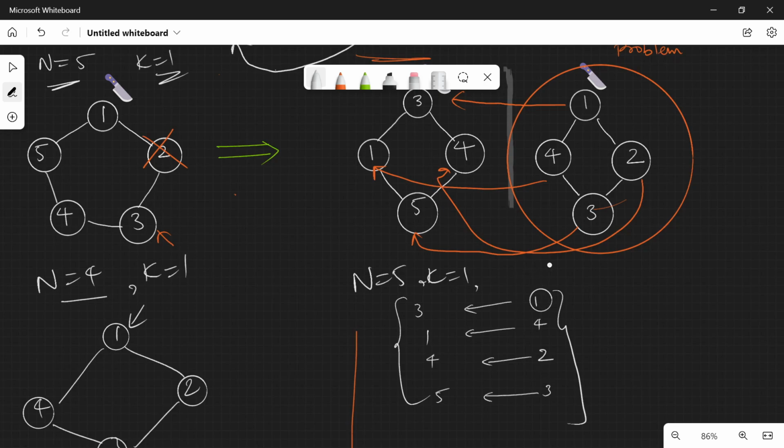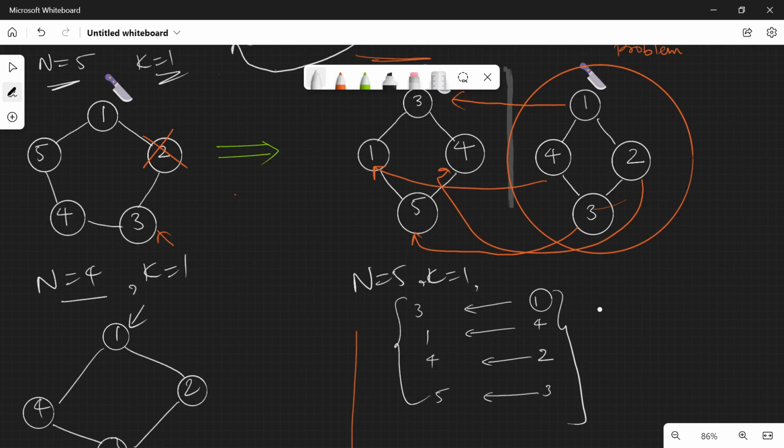These are Josephus subproblems and these are actual solutions. You have to find a way to convert this to this: 1 to 3, 4 to 1, 2 to 4 and 3 to 5. I previously said that 1 plus 2 is 3, 2 plus 2 is 4 and 3 plus 2 is 5, but 4 plus 2 is 1. So this is the case where we were failing. In order to handle it, we should use circular increment.